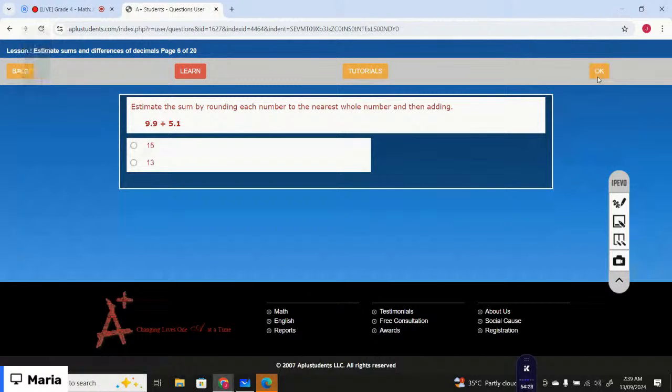So, which is the correct option? 9.9 is rounded off to 10, right? And you have 10 plus 5. The correct option is 15. Option number 1 is the correct option.